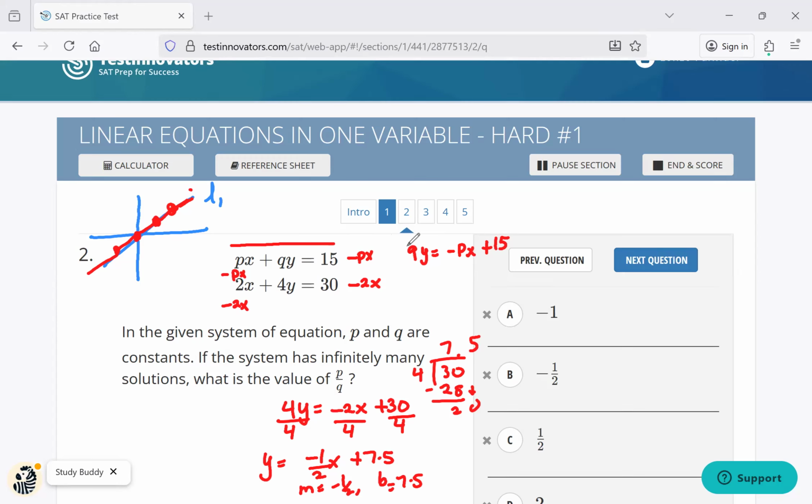This is not a 9, this is a q. Divide both sides by q, q, and q. So I get y equals negative px over q plus 15 over q.